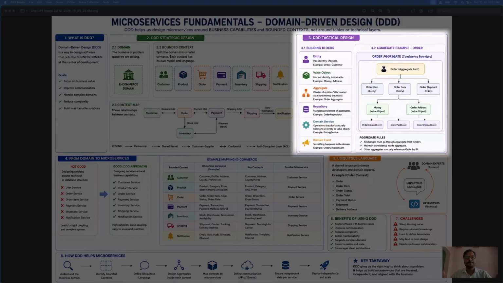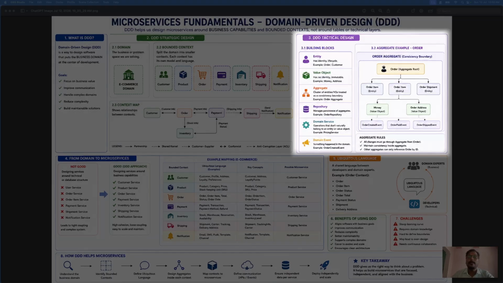These events can trigger actions in other bounded contexts. Correct? If one service completed its job and triggered a domain event, that event can be consumed by another bounded context, and they can process based on that.